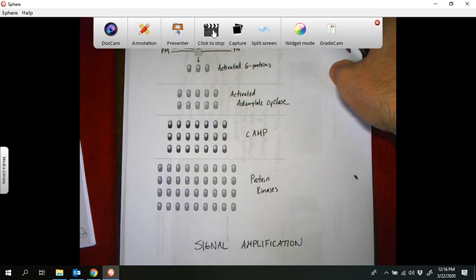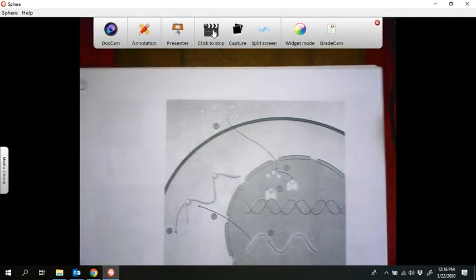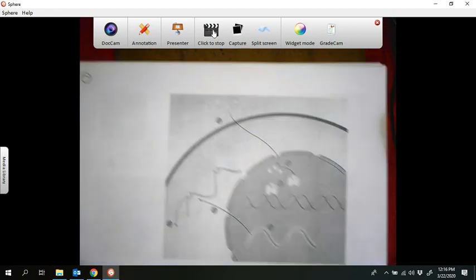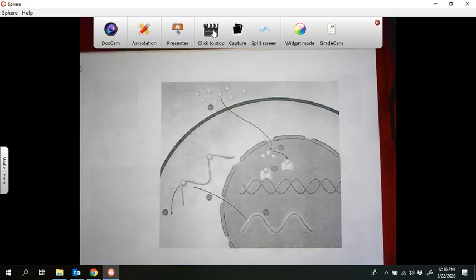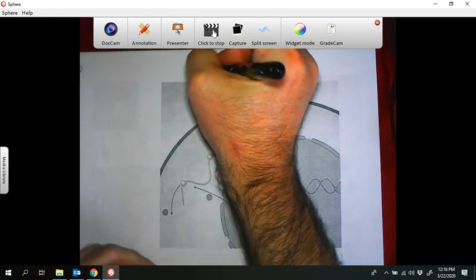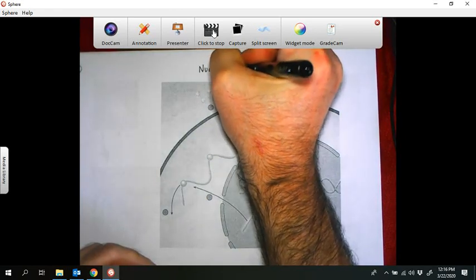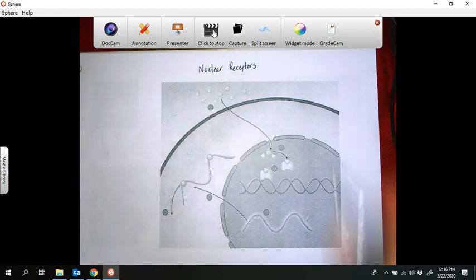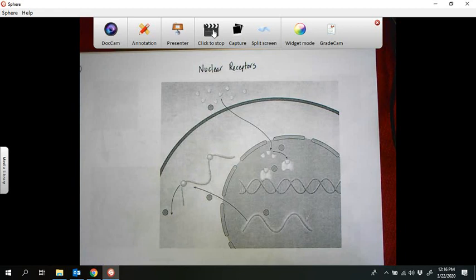So what we're going to look at next is this diagram on page 7. This diagram is the nuclear receptors. We mentioned them before in general, but now we're going to look at a little bit more detail. And unfortunately, the numbers did not copy in this.